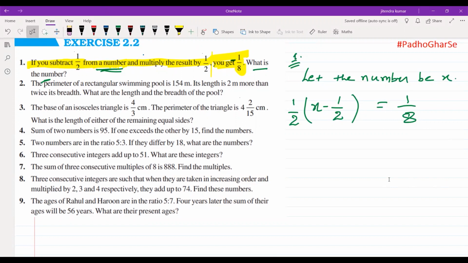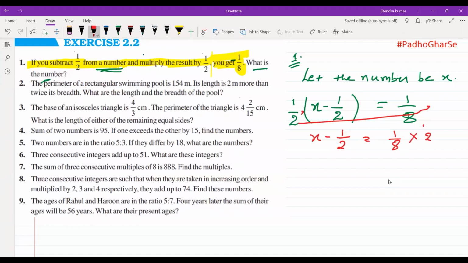3 by 4. Okay, so now let me do it. So we have half into x minus half is equal to 1 by 8. So this 1 by 2 is getting multiplied here, so let's take it to the right side.